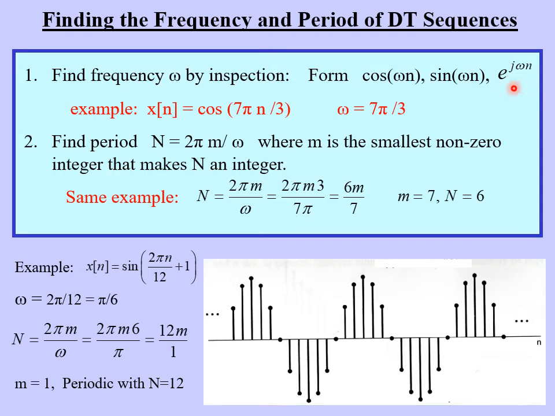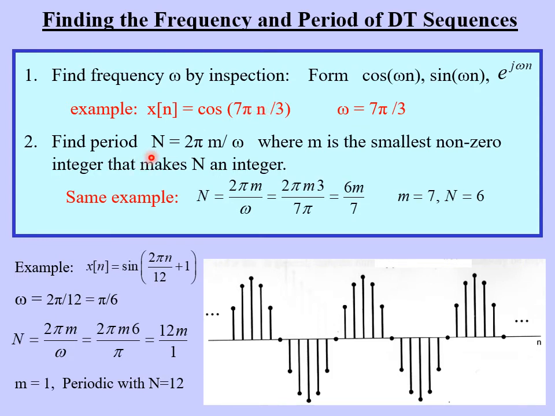Or if we have it in complex exponential form, like e to the j omega n, again, the omega is the number right in front of the n. So for example, if x of n is equal to cosine of 7 pi n over 3, then just by inspection, I can immediately see that omega is 7 pi over 3, because that's what's multiplying n right here.